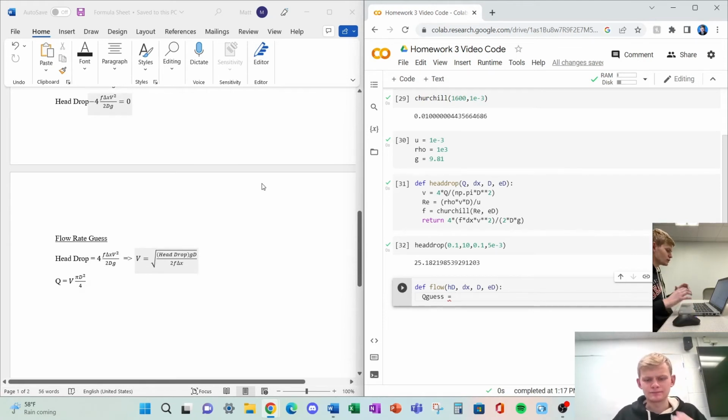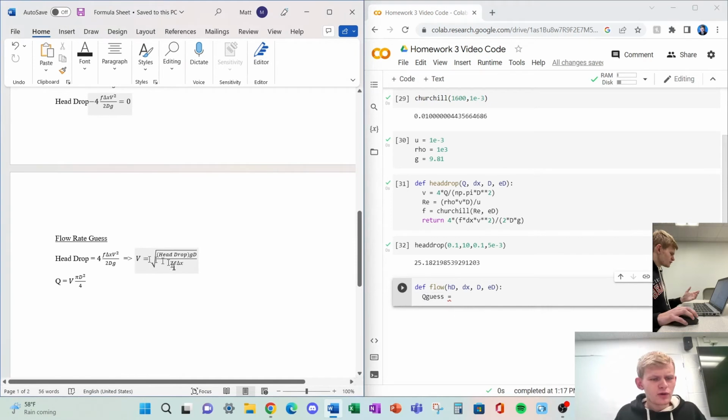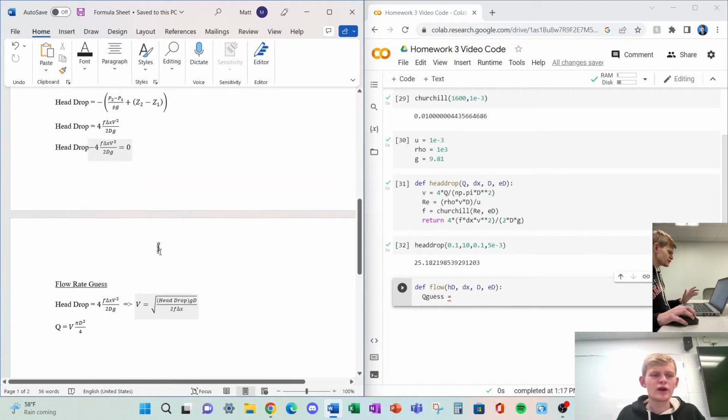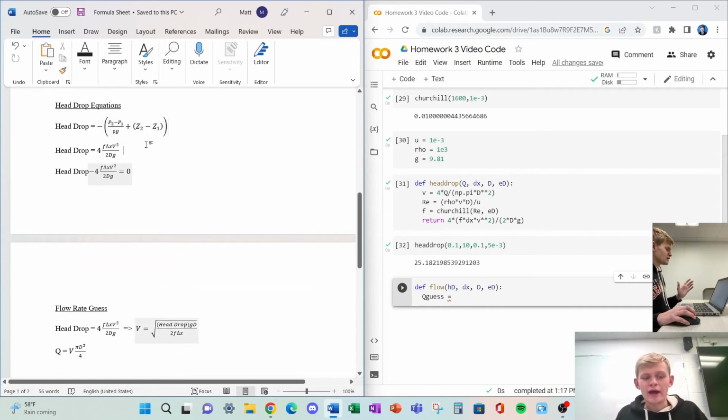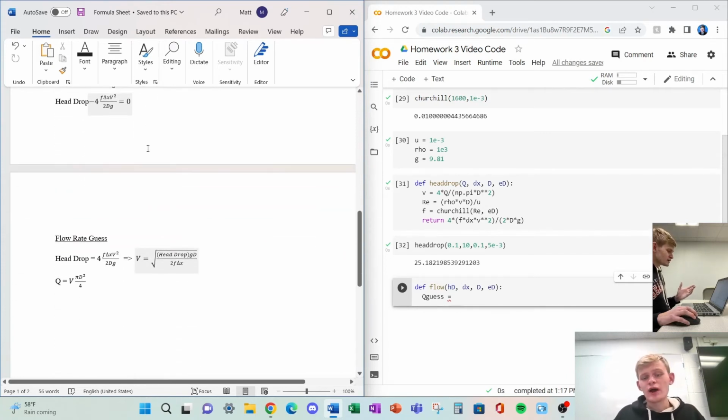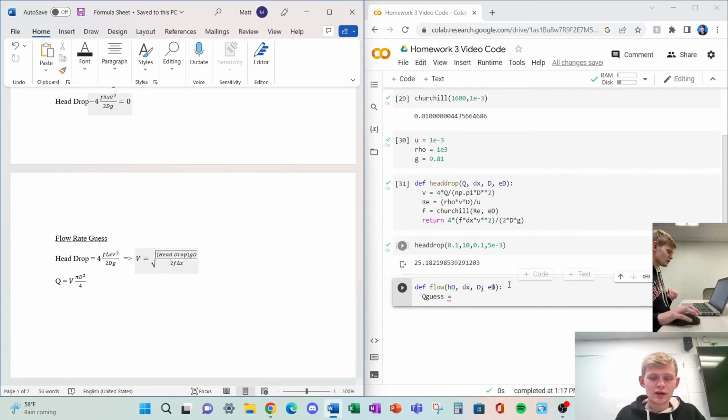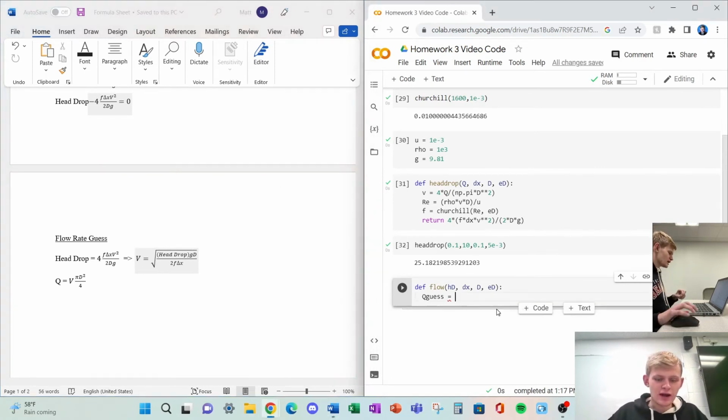So our flow rate guess is going to be equal to, and we're going to come down here and use what we had. And the reason why our velocity equation in this form looks so different from the one up here is that this velocity was found with a given flow rate, but we don't have that. But we do have a given head drop, so we can find velocity that way as well.